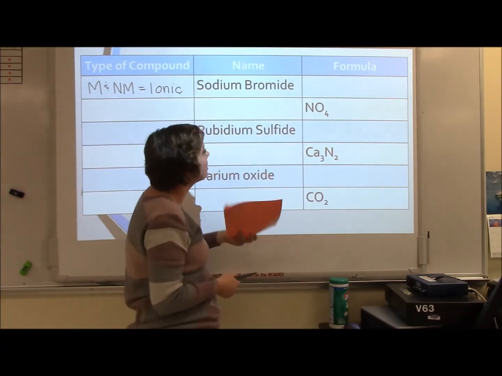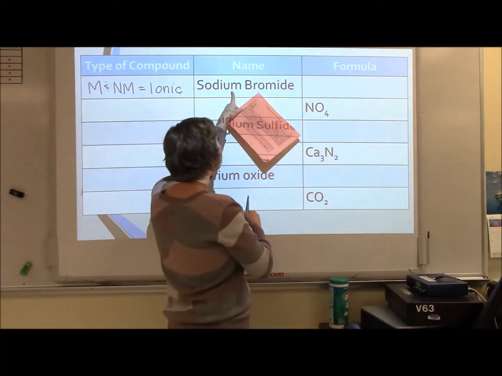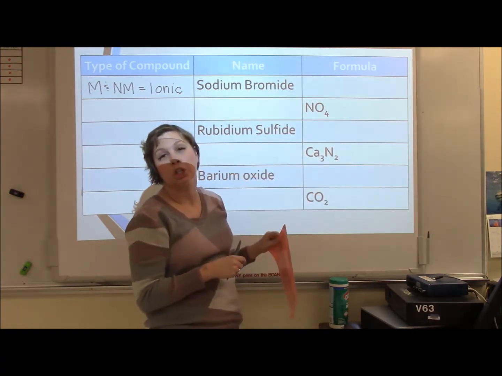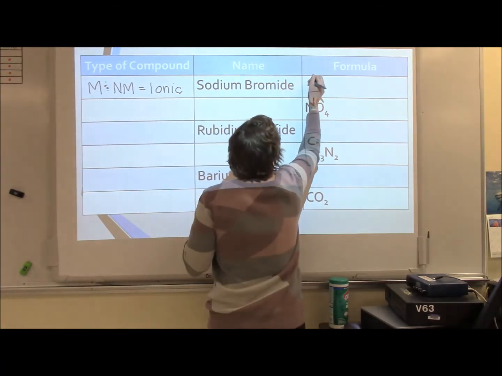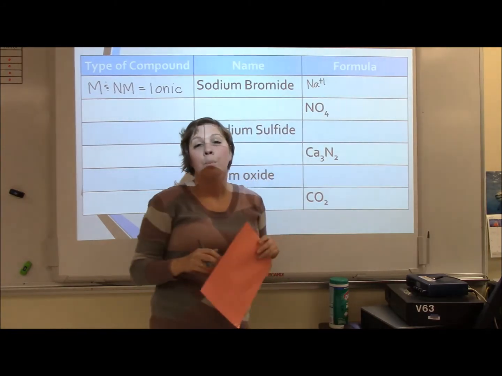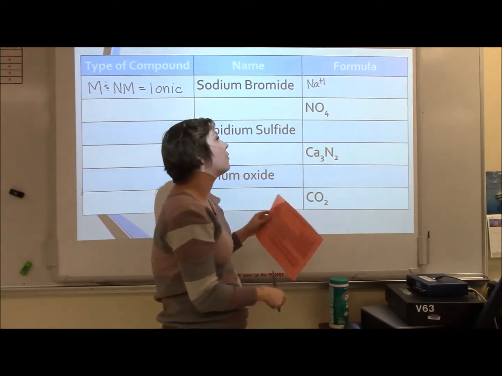So I suggest, as you're writing the formula out, work through the process. Sodium is in group 1, so its charge is a +1. So I know Na is +1. Bromine is in group 17, so it has a -1 charge.